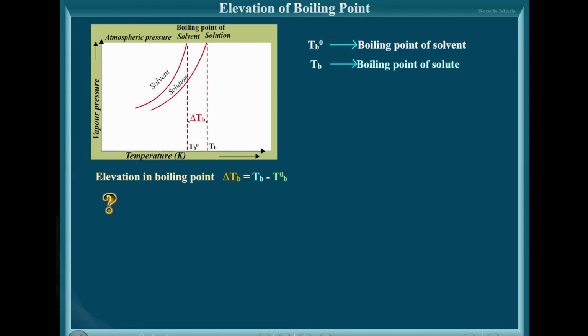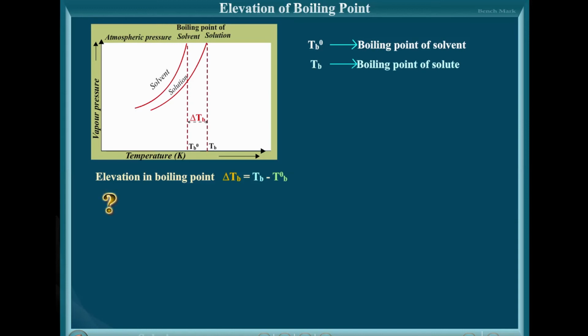As we have learned earlier, in the denominator part, the number of moles of the solute can be neglected. So the equation becomes delta TB is equal to K into, in the numerator part, W2 by M2 divided by W1 by M1, which is equal to K into W2 by M2, that is N2, the number of moles of the solute, divided by the mass of the solvent into the molar mass of the solvent.